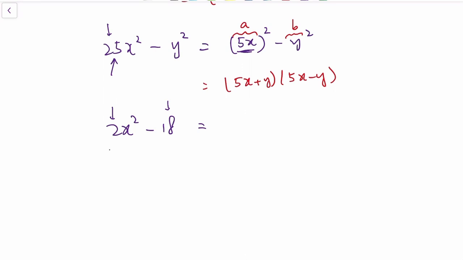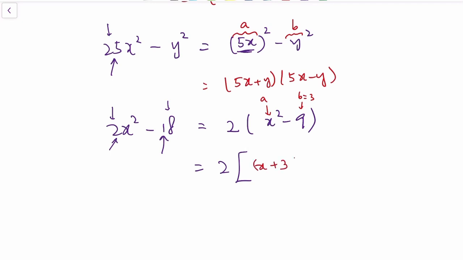Notice that 2 is a common factor because 18 is 2 times 9. So we need to factor the 2 out first. So it becomes x squared minus 9. Then you can use the difference of two squares because 9 is 3 squared. So you'll think a is x and b is 3. So it's a plus b times a minus b.